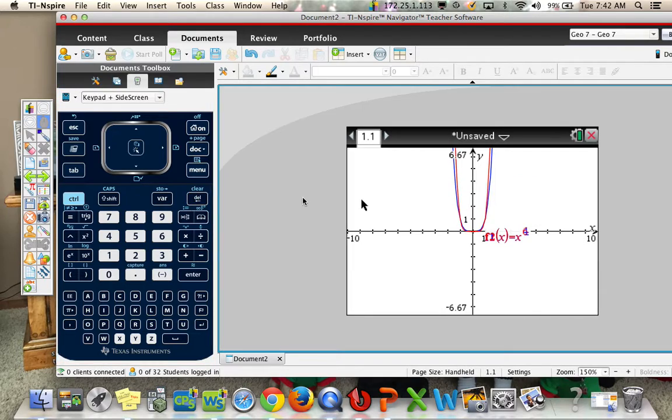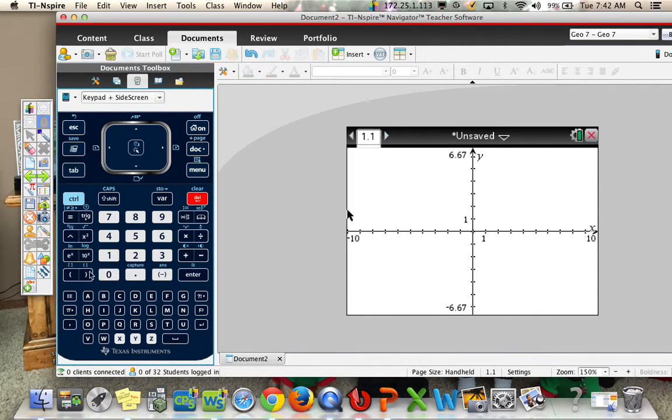Let's look at odd functions. All right, so an odd function, x to the power of 3 is odd. Let's do x to the power of 5. Again, you can see it's kind of flattening out, becoming steeper.